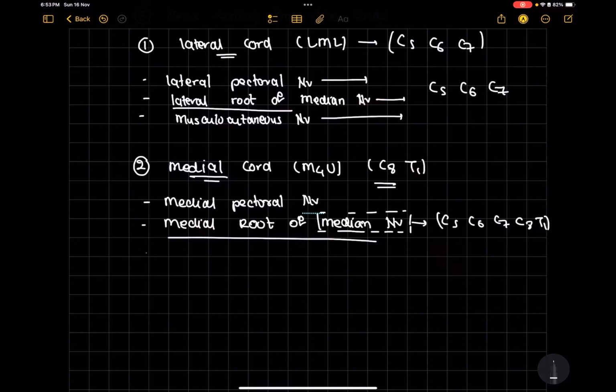Then done with this, now we have medial cutaneous nerve of arm. If we have arm, then there is surety we would also have medial cutaneous nerve of forearm.